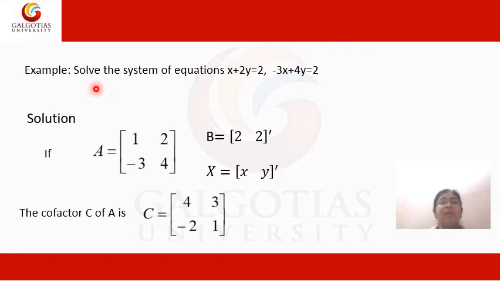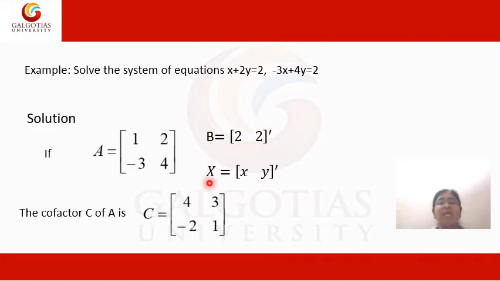For example, solve the system of equations x + 2y = 2, -3x + 4y = 2. Now, our matrix A is [1, 2; -3, 4]. The B matrix has entries 2 and 2, written column-wise.